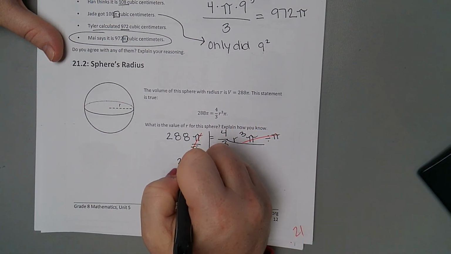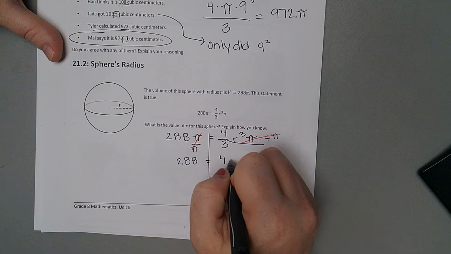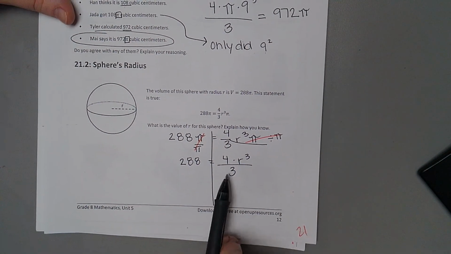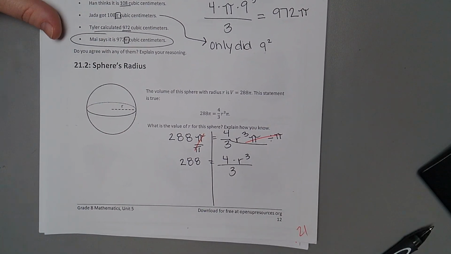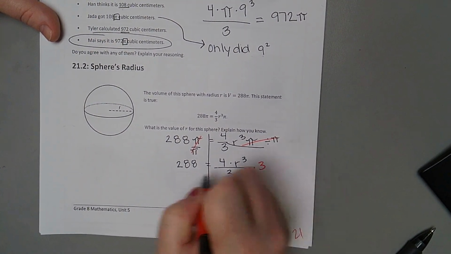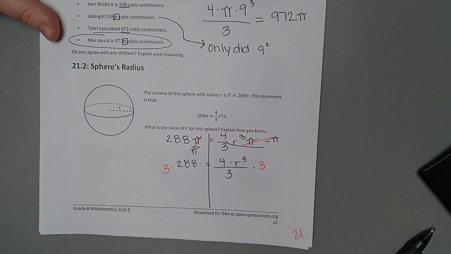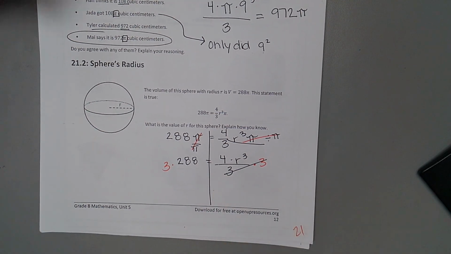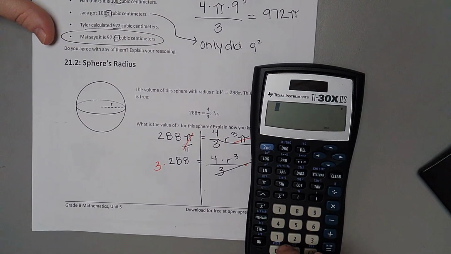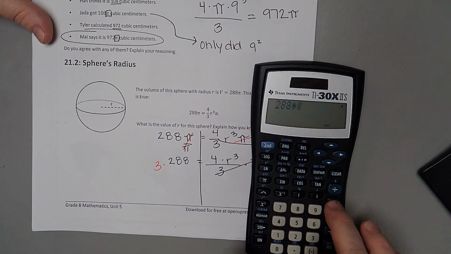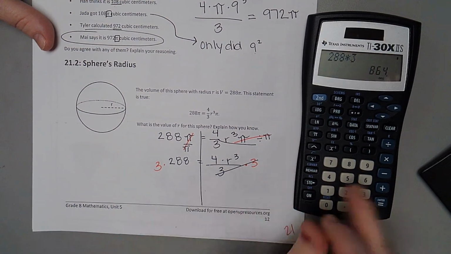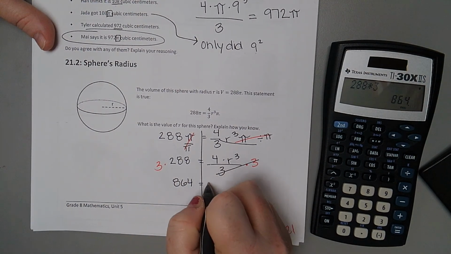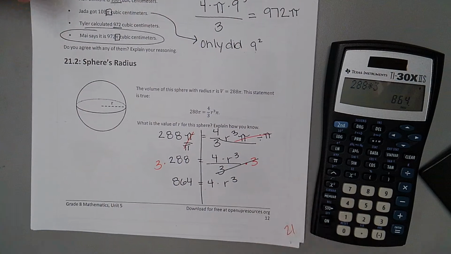We now have 288 equals 4 times r cubed, all divided by 3. We have to get rid of this dividing by 3. The opposite of dividing by 3 is to multiply by 3, which then we would have 3 over 3 cancels each other out, 288 times 3. 288 times 3, 864 equals 4 times r cubed.